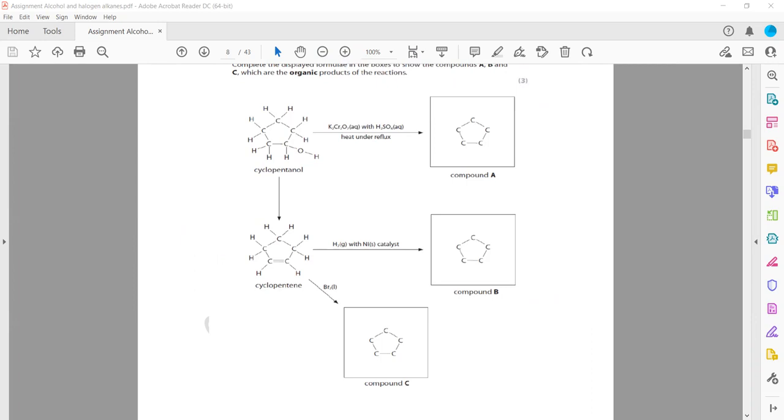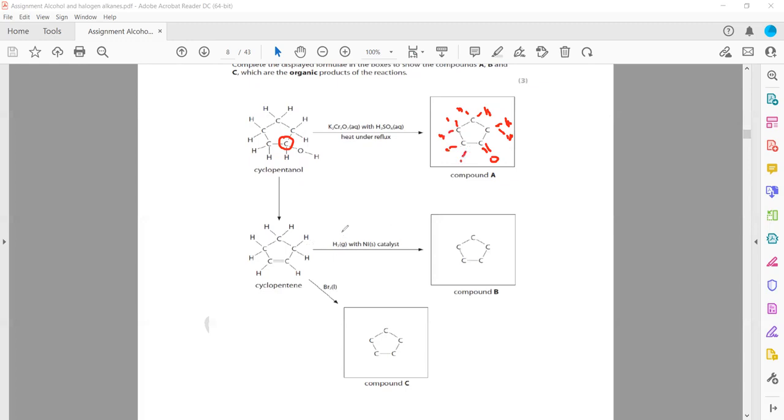So this compound has a carbon bonded with OH, surrounded by two carbons, so it means it is secondary. So secondary should be oxidized to ketone, so C double bonded with O will be there, and the remaining hydrogens will stay according to that. This will not change, this will remain there.